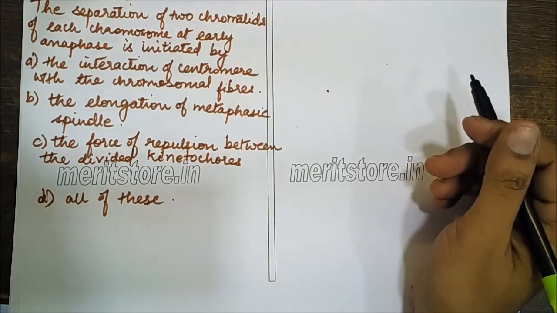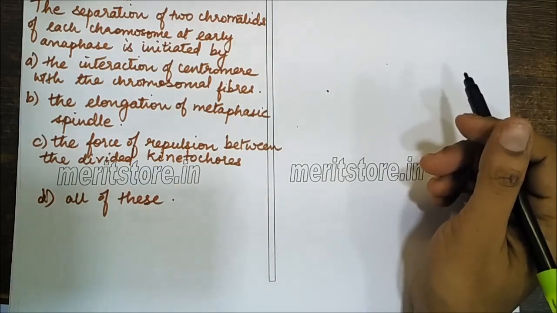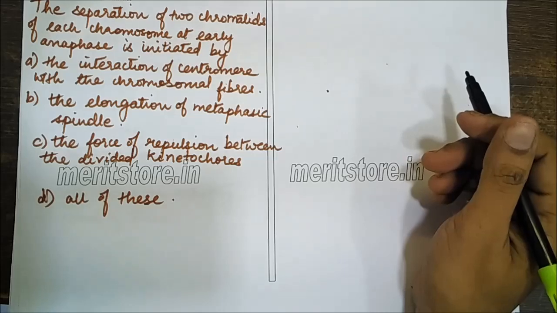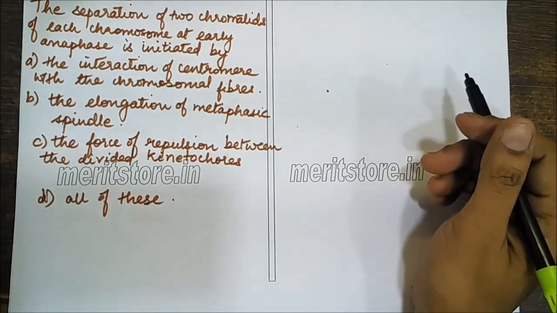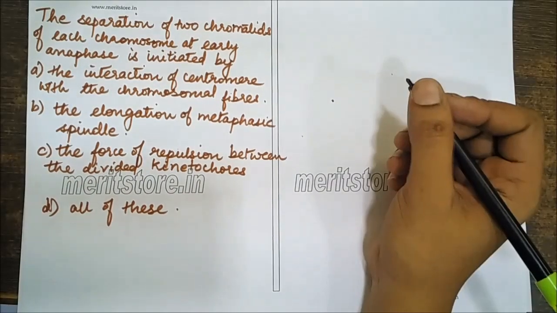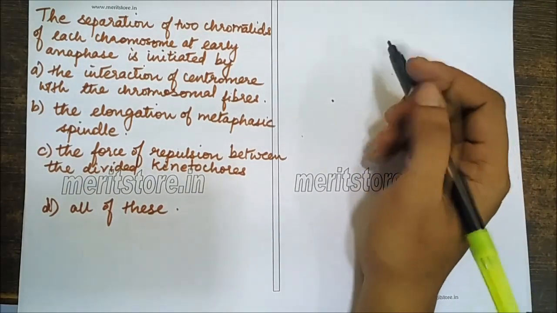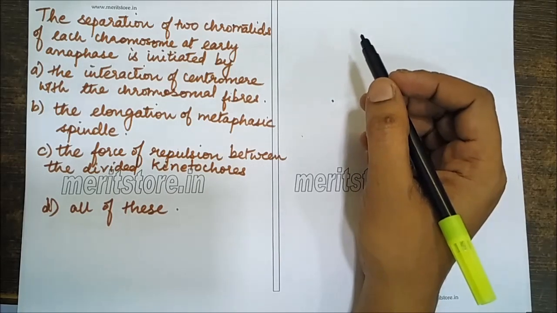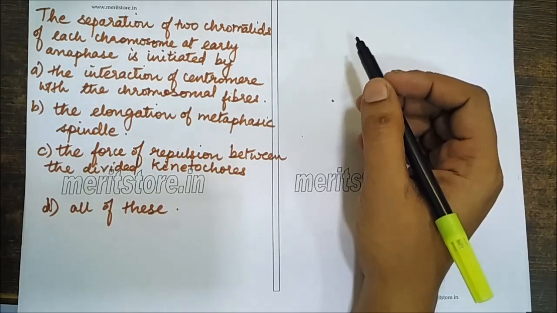The separation of two chromatids of each chromosome at early anaphase is initiated by.